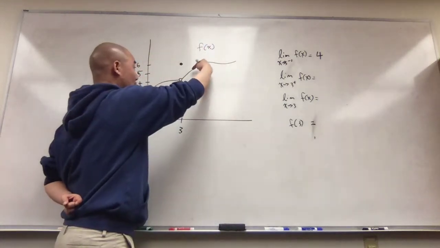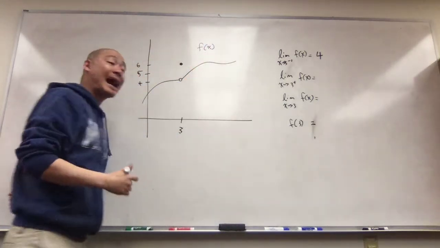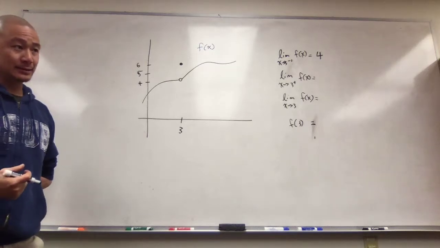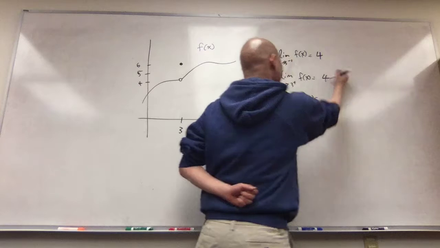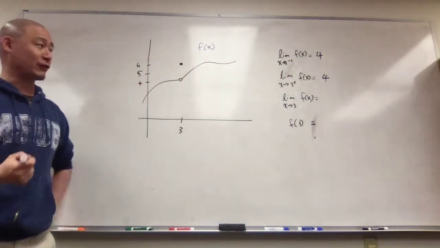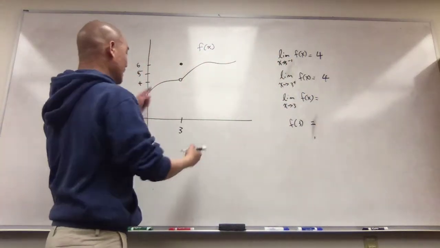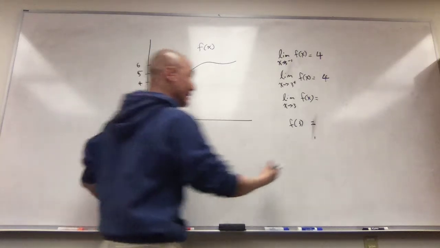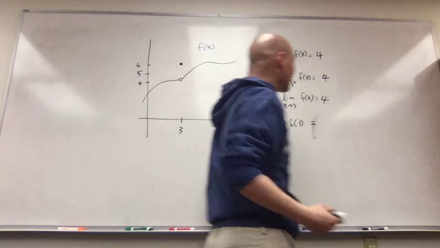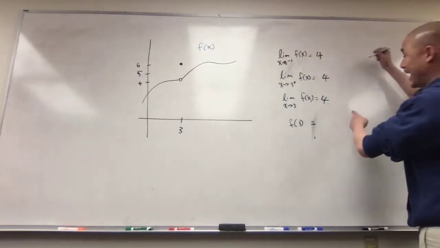As I come in from the right, these things also seem like they're coming closer to the value 4. And then it is okay for me to say, well, it looks like if I come in from the left or from the right, then I'm getting closer and closer to 4 either way.